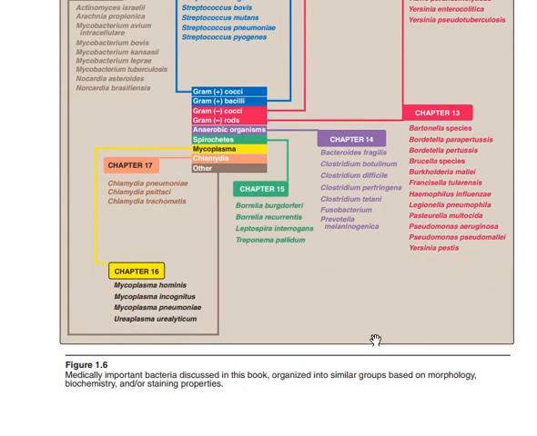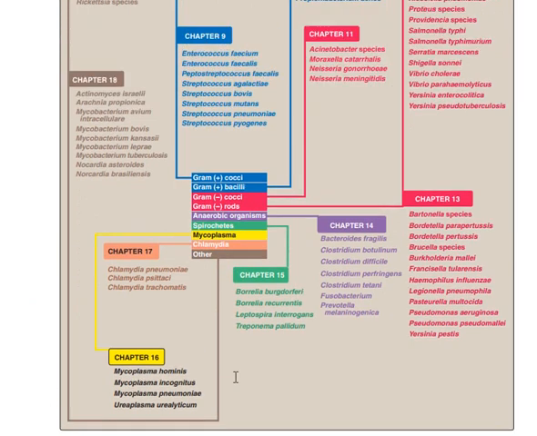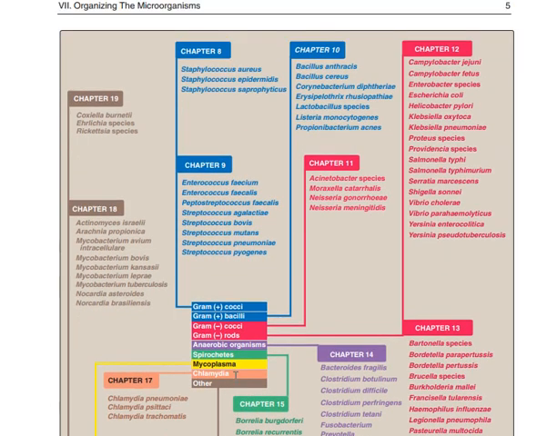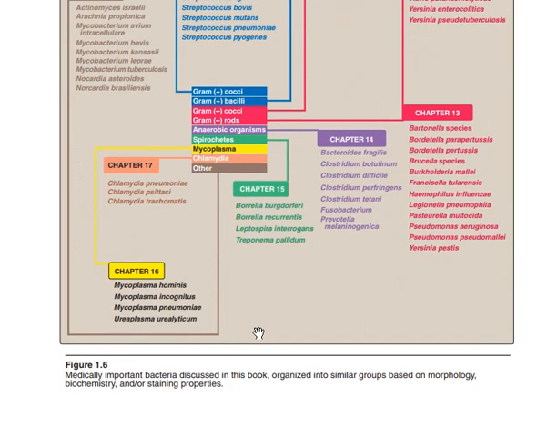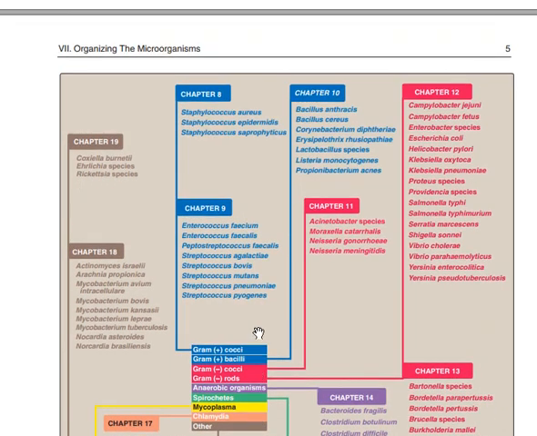Now this next diagram is the medically important bacteria discussed in this book. So you have different bacteria that you're going to visualize in the book. I'm not going to speak about that too much, but I'm going to explain all of them. So let's just visualize the names of the bacteria. We have Coxiella burnetii, Ehrlichia and Rickettsia. All these bacteria are said to be atypical bacteria.